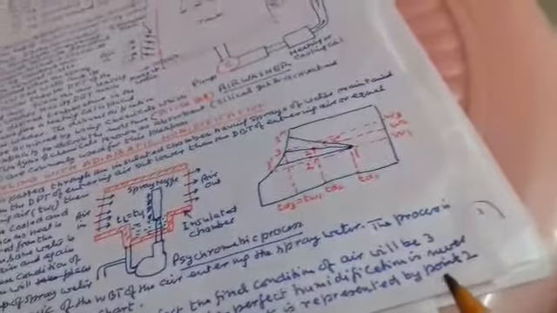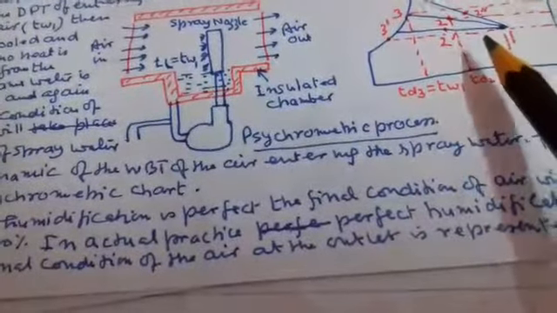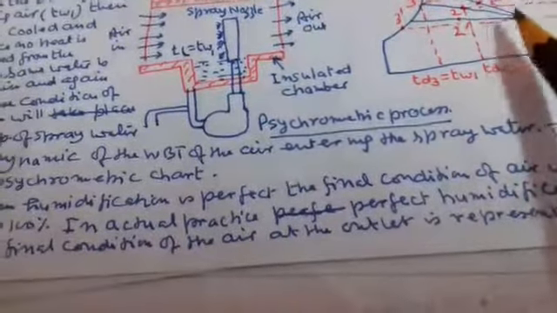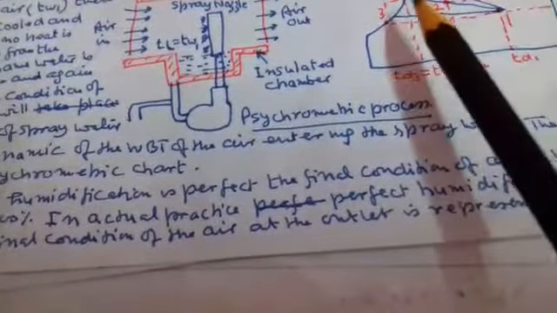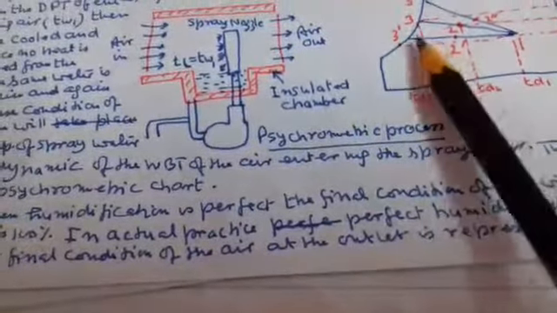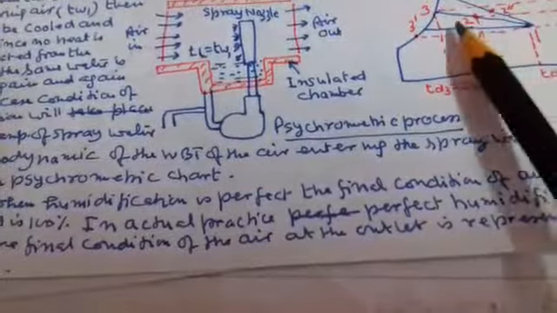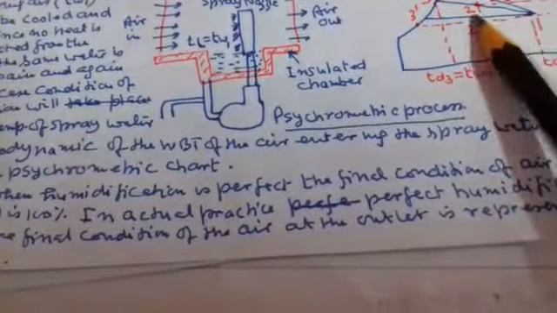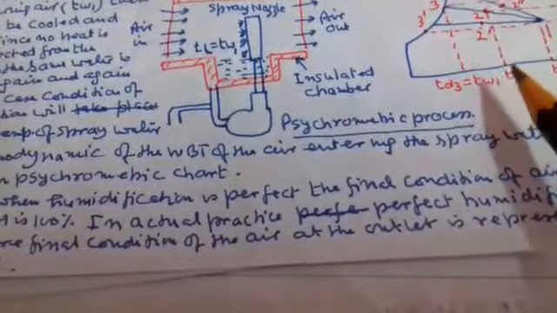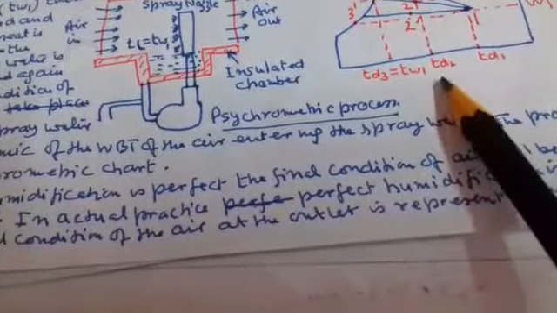It always remains in between, that is point 2, and corresponding to point 2 there is a dry bulb temperature. So when adiabatic humidification is allowed to take place, it moves from 1 to 3 on the wet bulb temperature line, but in actual it never goes up to point 3, it remains at point 2 practically, and we get the dry bulb temperature corresponding to point 2. That's all.